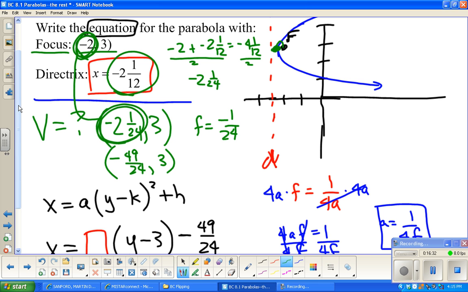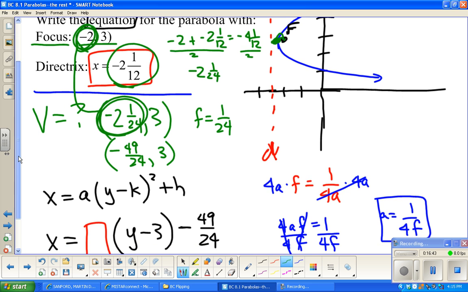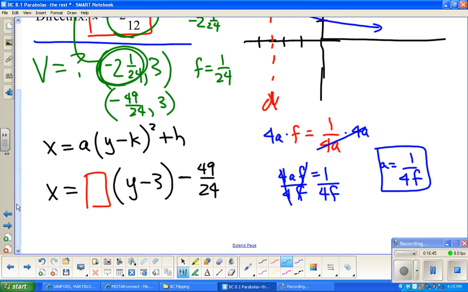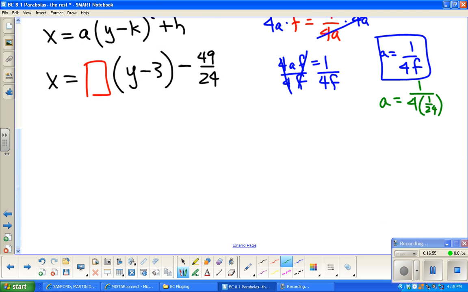Going from the vertex to the focus, we went right 1 over 24. All right, caught myself before I got myself in trouble. So a equals 1 over 4 times 1 over 24. Well, isn't that pretty? From our last work with all of those fractions with the trig stuff, this really isn't that big a deal.